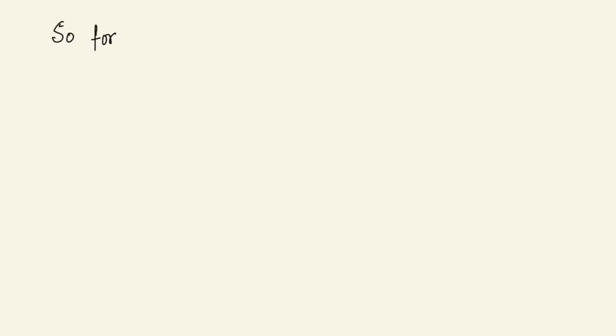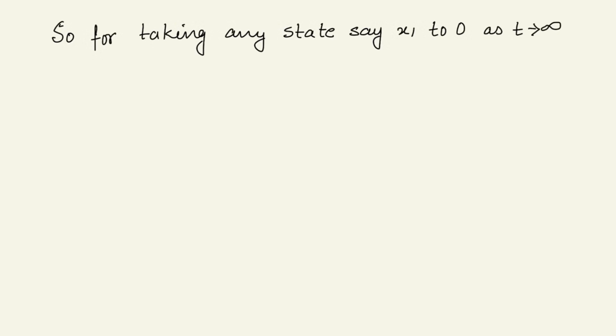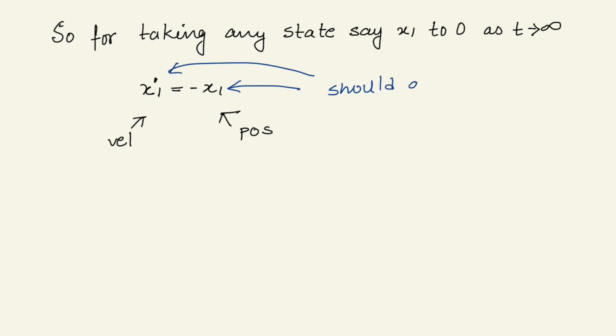Before doing that, let us discuss an observation for the states that are directed towards 0, for the states which will go to 0 as t tends to infinity. For those states, say x1 dot equal to minus x1 or any other form of equation which is making them go to 0, we can see that x1 dot and x1 have opposite sign.